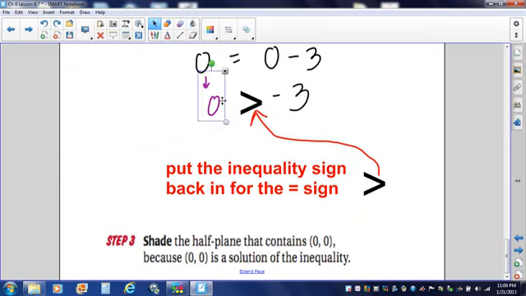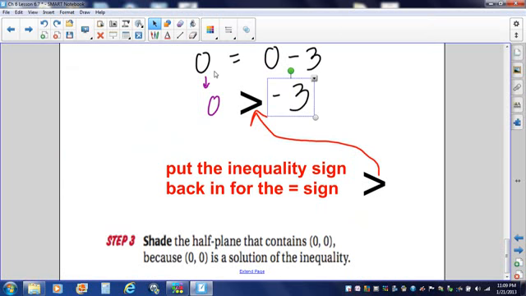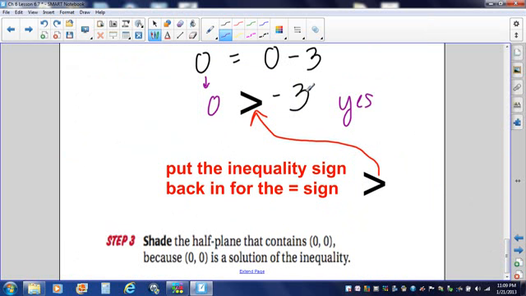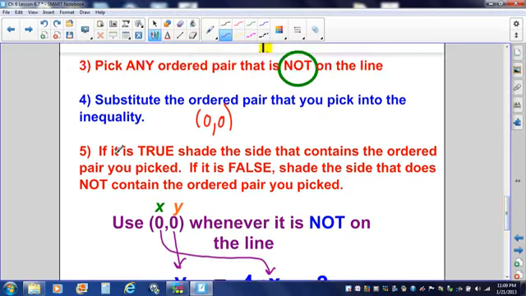Ask yourself, is 0 greater than -3? Yes, 0 is greater than -3, so that is true. Step 5, the last step: if it is true, shade the side that contains the ordered pair you picked.